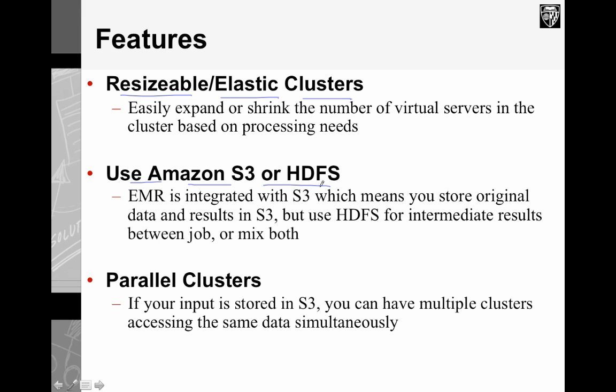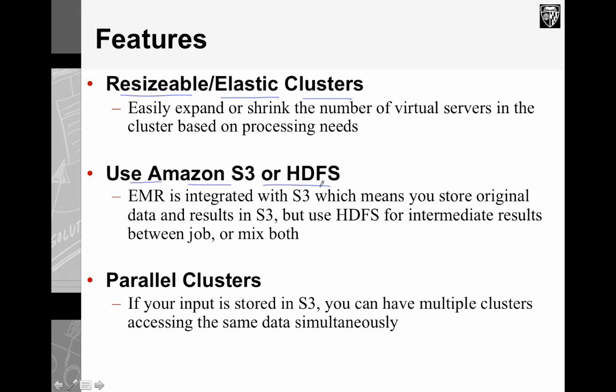Now, if you have multiple steps, let's say you have to execute job step 1 and then job step 2 and then job step 3, you can have the intermediate outputs of job step 1 and job step 2 in the cluster, but have the final result be in S3. So the original data source will be in S3, the final results will be in S3, and the intermediate files can use HDFS.